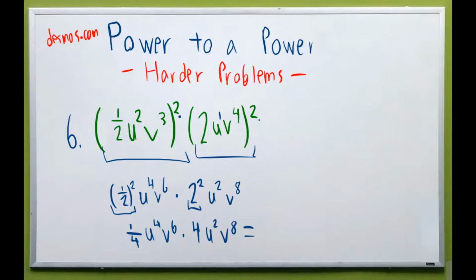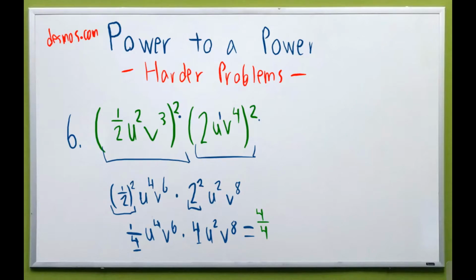Okay, so now we're going to make sure our numbers are out front, which is a good thing. That's what we want. We're just going to multiply them to get that one number that will be out front in our final answer. So 1 over 4 times 4 is the same thing as 4 divided by 4, right? Well, anything divided by itself is 1.